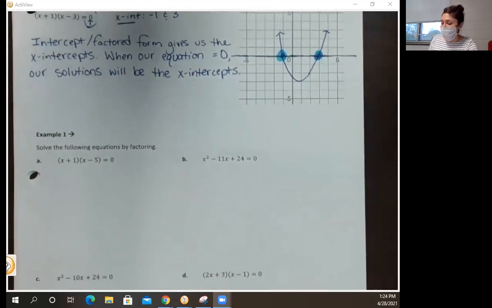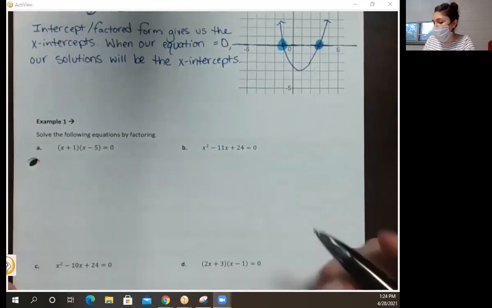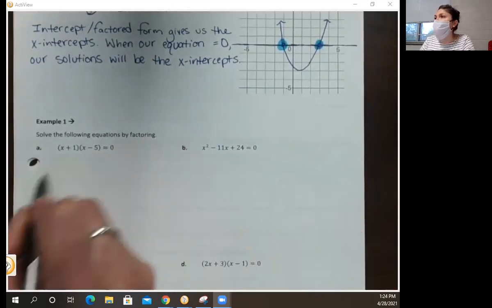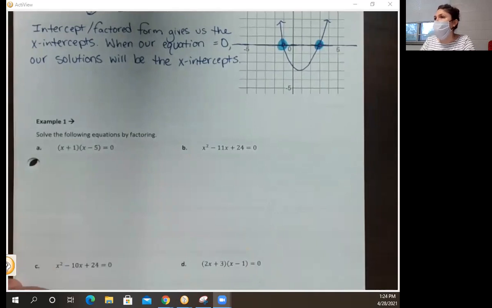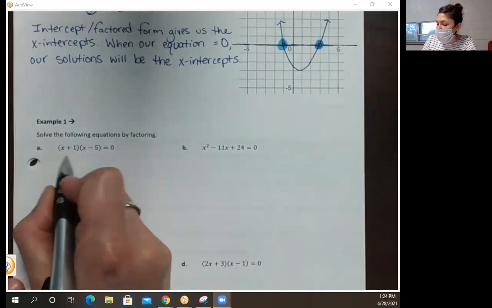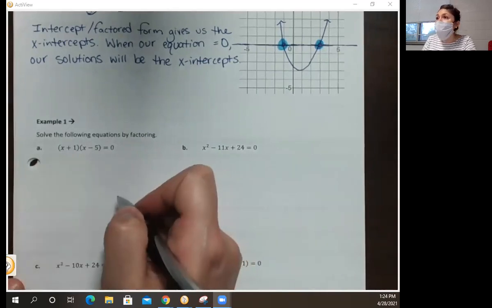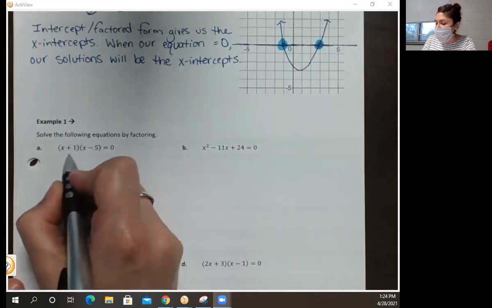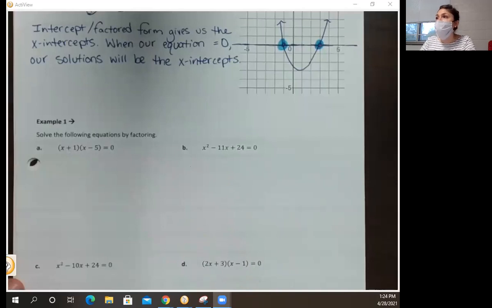So if we hop down to example A here, we already have factored form for A. This is our best case scenario. The hard work is done for us. This is already factored. So from this factored form or intercept form over here, we know that the x-intercepts would be -1 and 5. Now I'm not asking you what are the x-intercepts.